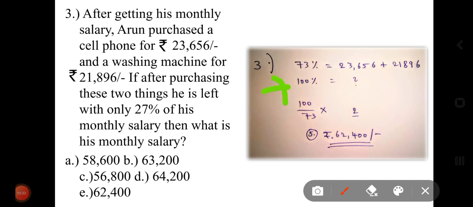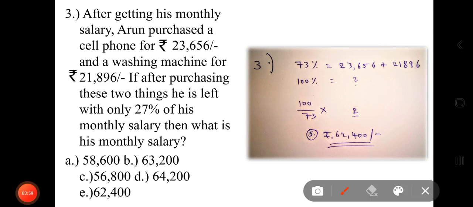Don't solve completely, we'll attack through the units place. We were asked to find 100%, so 100% by 73 into 23,656 plus 21,896. In this number the units place is 6, and in the washing machine cost, 6 is the units place. 6 plus 6 equals 12. That means the units place will be 2.